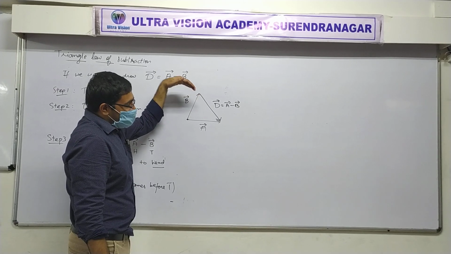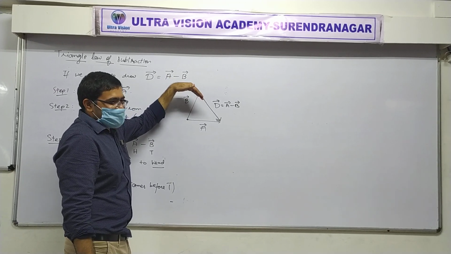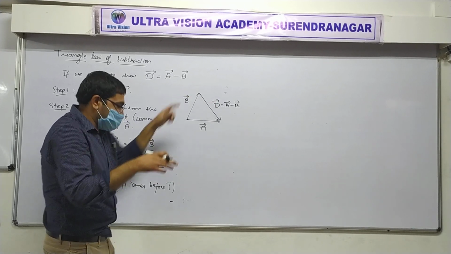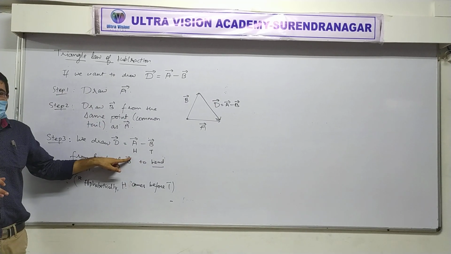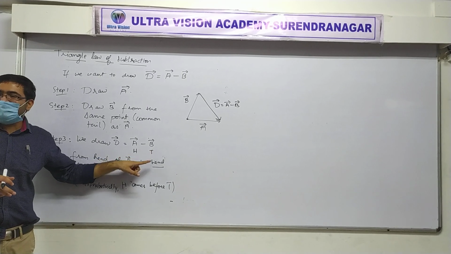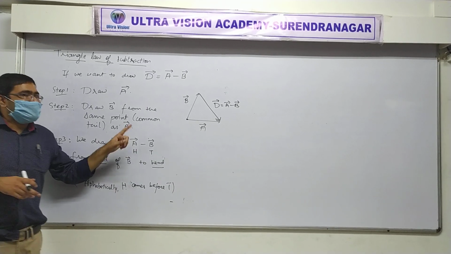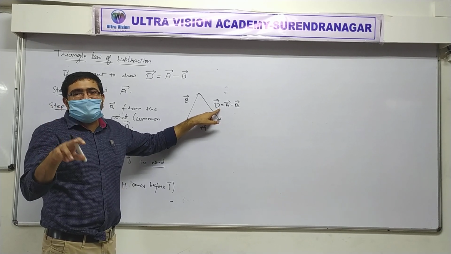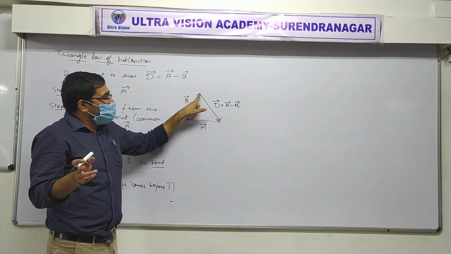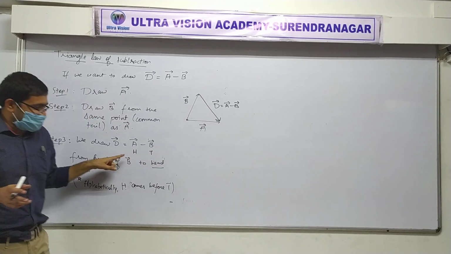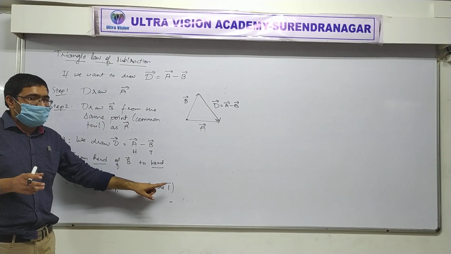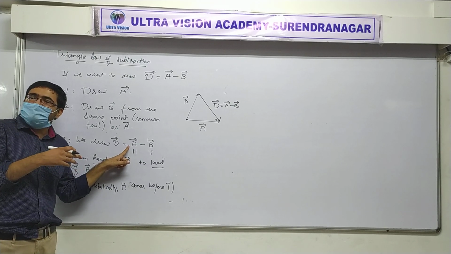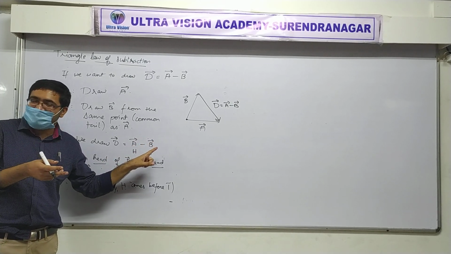Draw D vector. Where is the head of this D vector? It is pointing towards A vector. Did you understand? Yes. Here it is written A H, B T. Where is the tail of D vector? B vector. It is towards the B vector. So H comes before T. So in subtraction, the one that is first is H, the second is T, the tail of D vector.